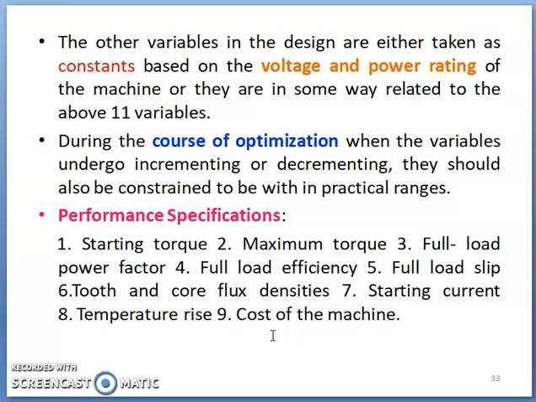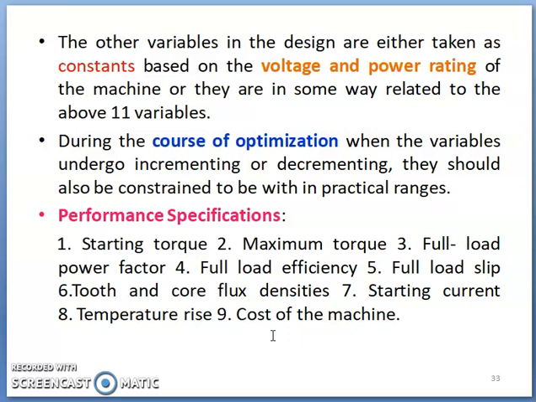Then sometimes, depending upon the requirement of overload capacity, the designer can change some other parameters which will fit that particular application. Then if the induction motor is operated at different load conditions, the power factor of the machine will change. That machine should give a better power factor even at half load or three-fourth load. Based on that, the designer can change parameters.